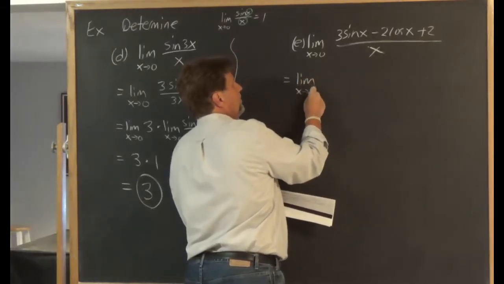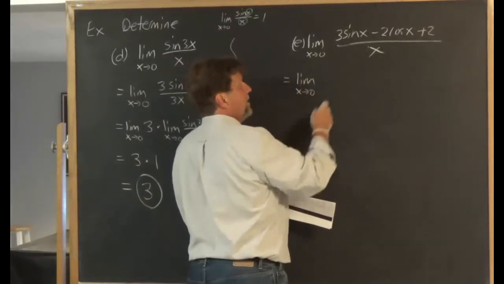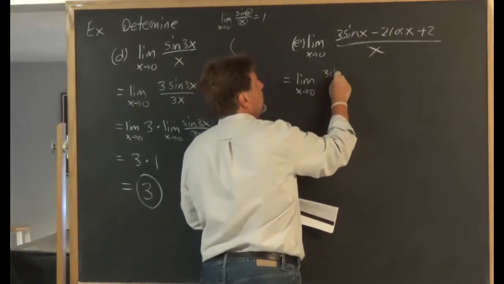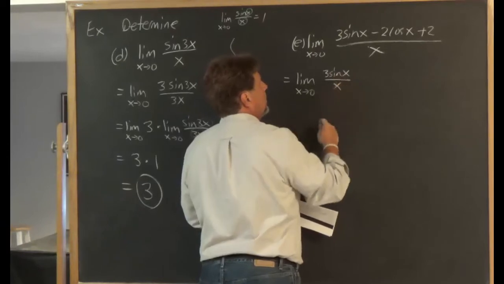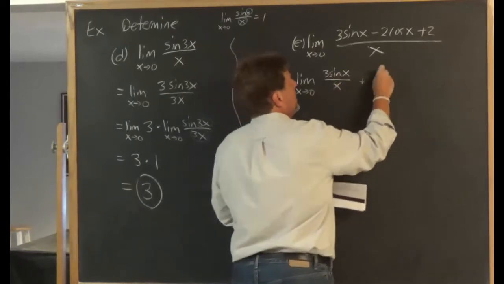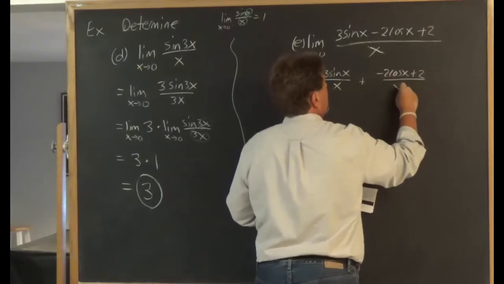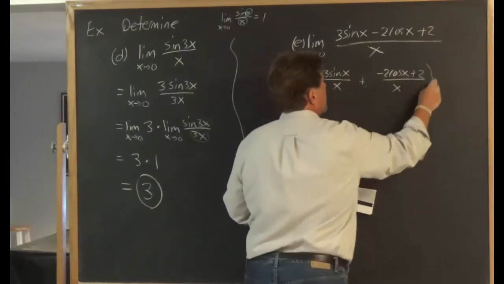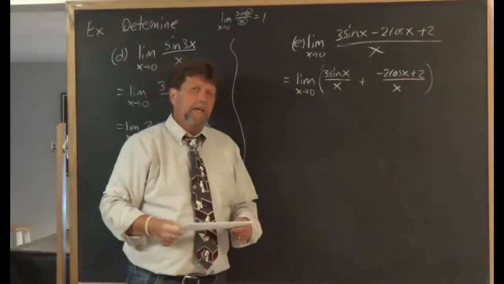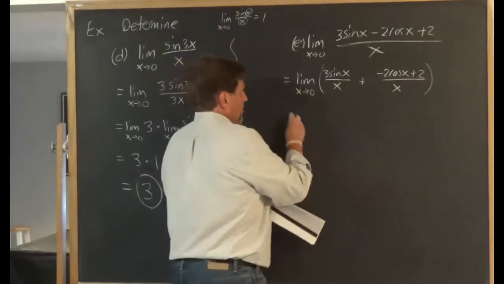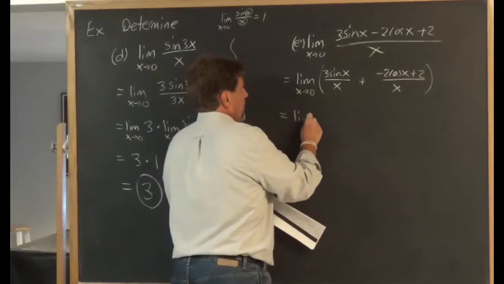My denominator is a single term, so I'm going to start off by splitting this into a couple of fractions: 3 sine x over x, and then plus negative 2 cosine x plus 2 over x. It's kind of like the meaning of what a common denominator is. Now I'm going to do one little rewrite here.